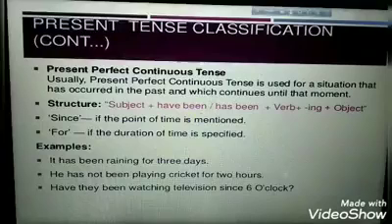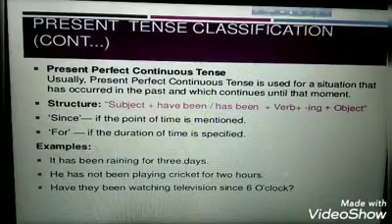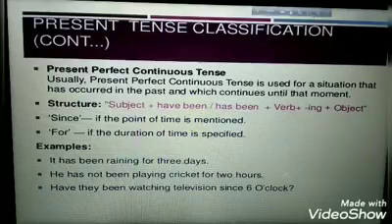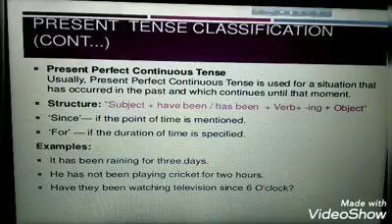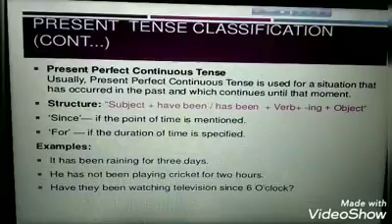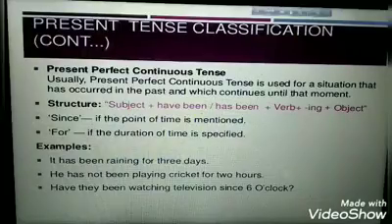That means it began in the past and continues into the present. That is present perfect continuous tense. Okay. The structure is subject plus have been or has been plus verb plus ing plus object.